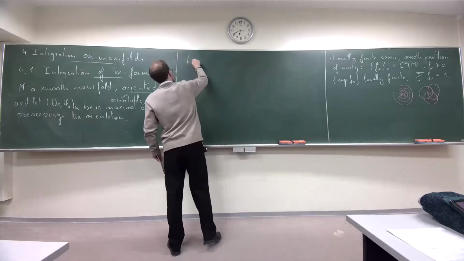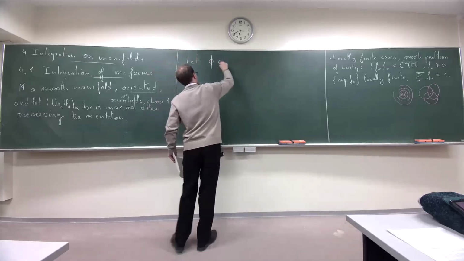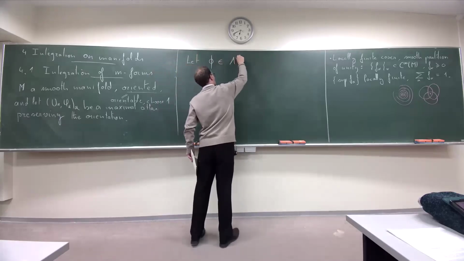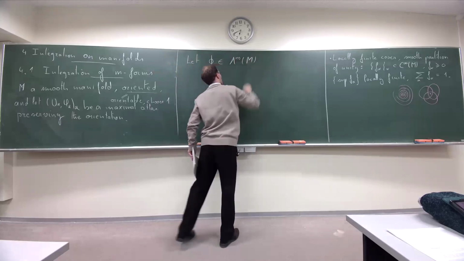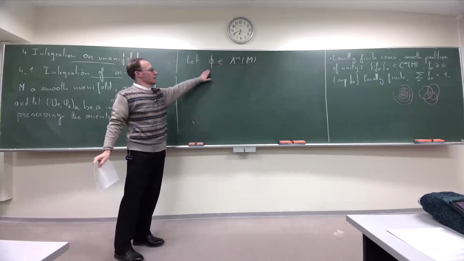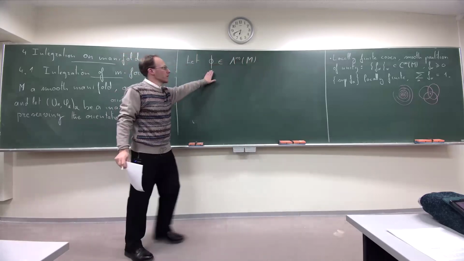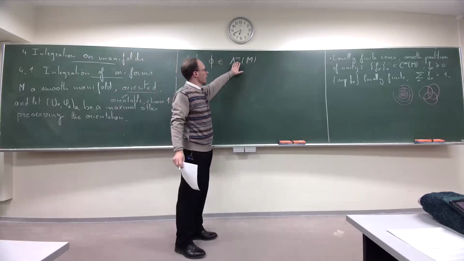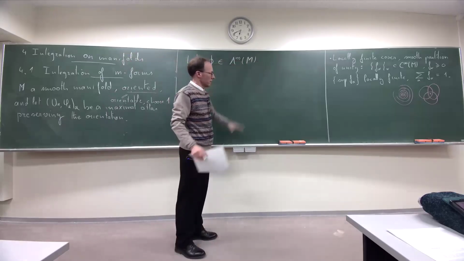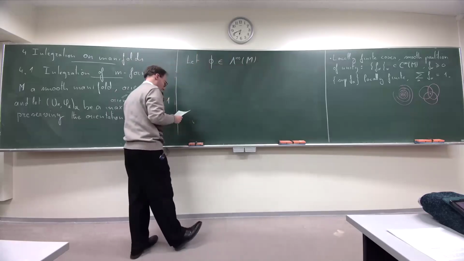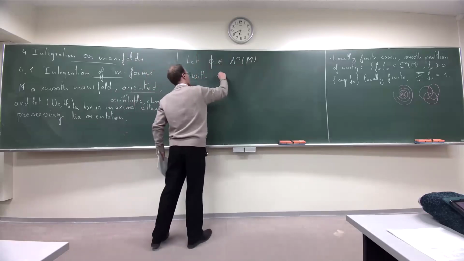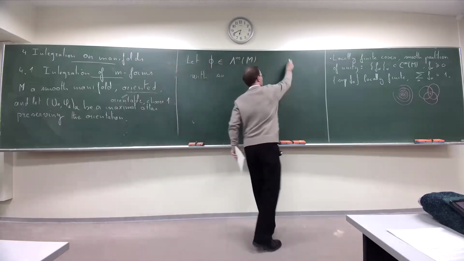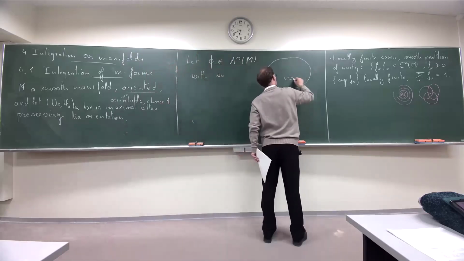So now I choose an M form, omega. So remember, it's a function defined on M with value in the set of M tensors. And I will assume, okay, let me do the picture of the manifold.